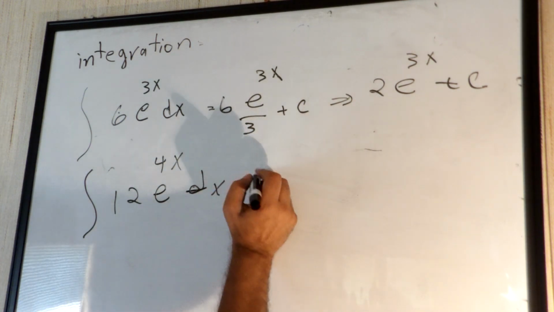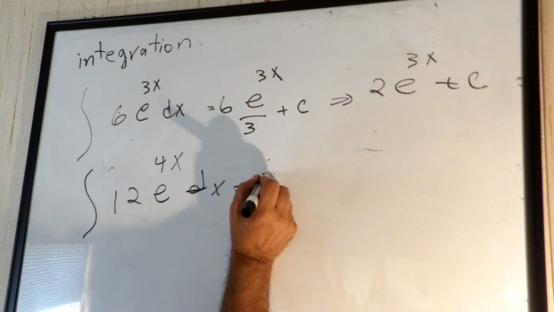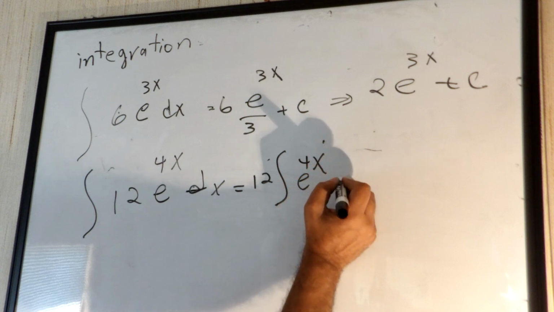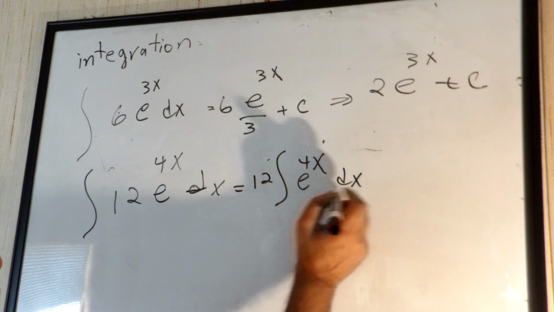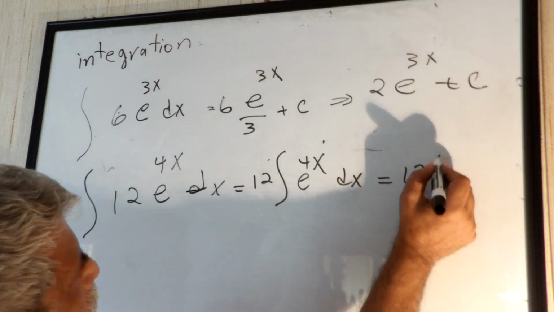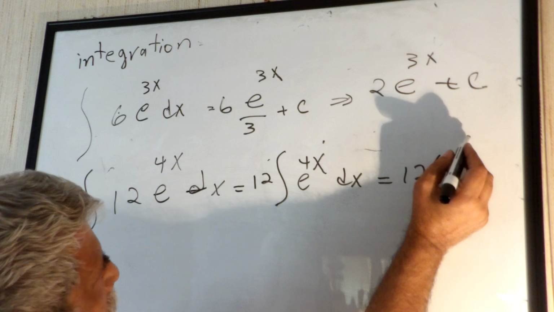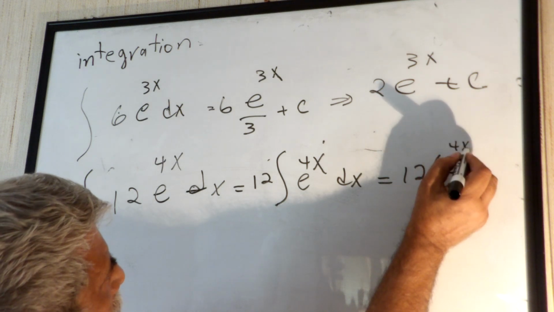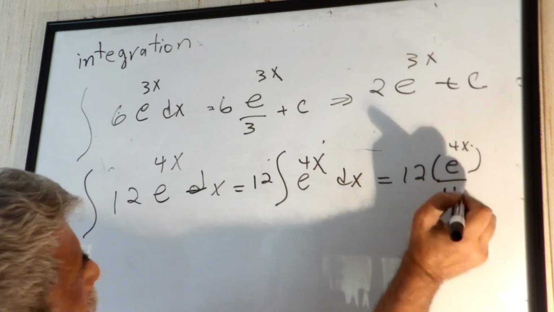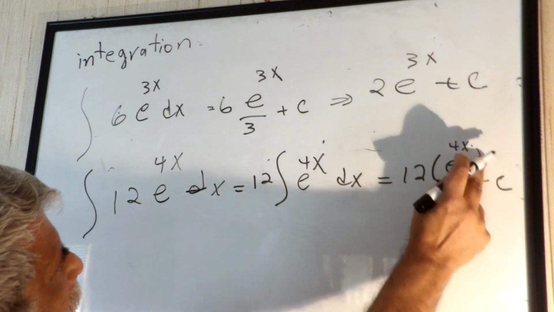We write 12 e to the power of 4x dx, then it's going to be 12 e to the power of 4x divided by 4 plus c.